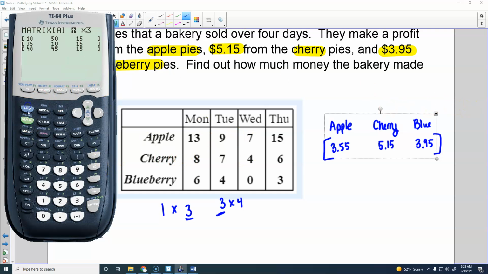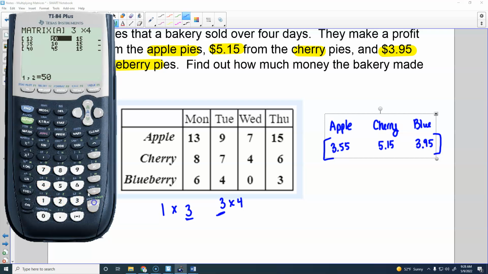So second, the x to the negative 1 key, it says matrix above it. And then you're going to go over twice where it says edit here. And then you're going to choose whichever matrix you want to use. I'm going to go ahead and use A for this first one. So this is a 3 by 4 matrix.